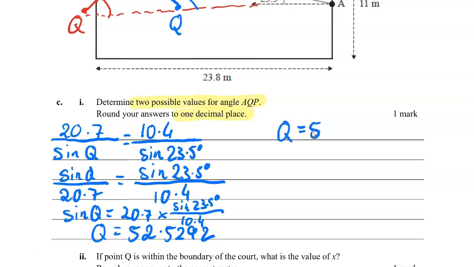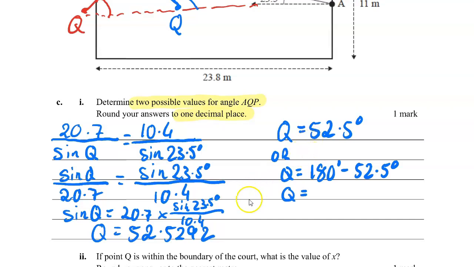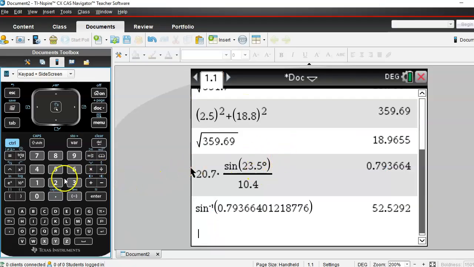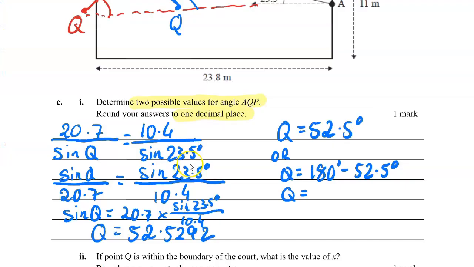Q can equal 52.5 degrees, or Q is equal to 180 take away 52.5 degrees, which gives you 127.5 degrees.